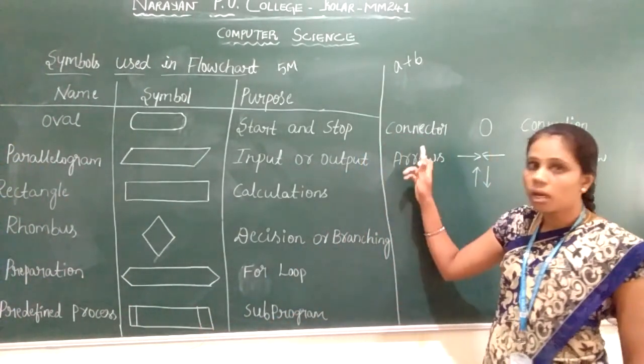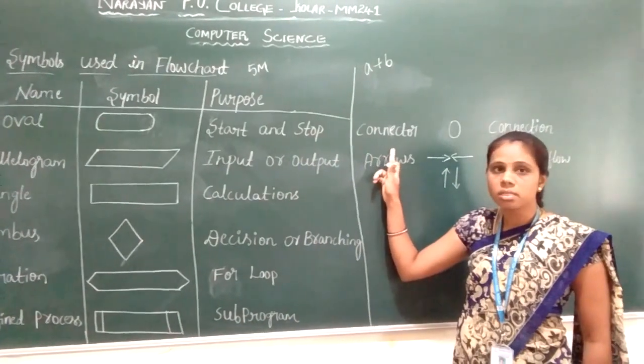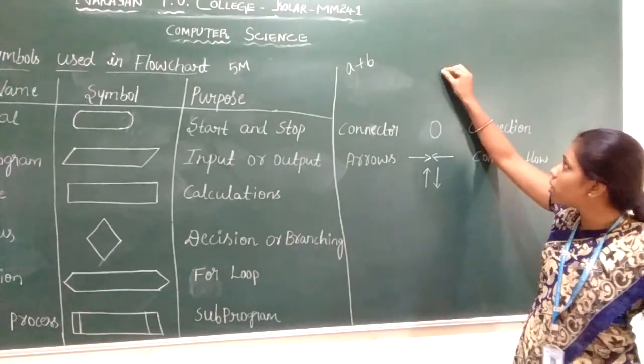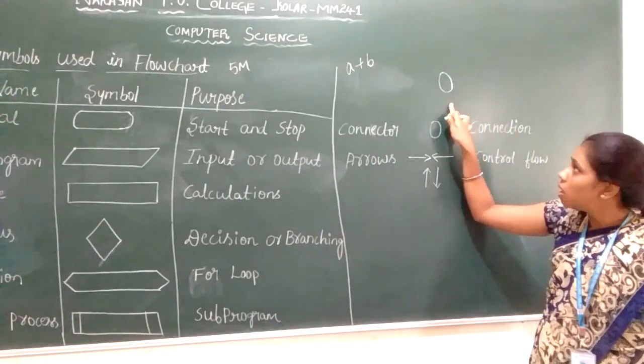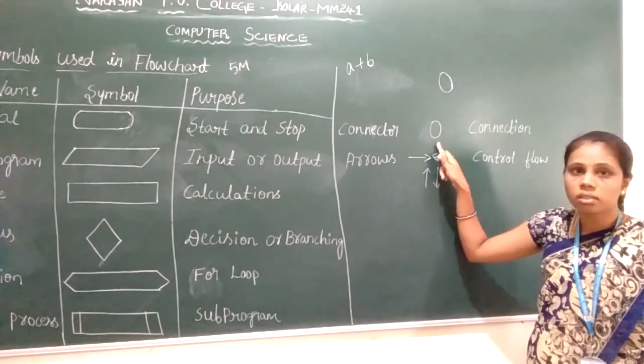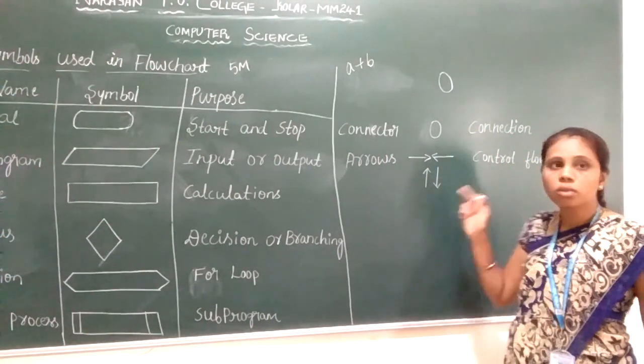Next symbol is the connector. This is like an O, or we can say a round circle symbol. Why do we need this connector? It is used for connecting to the next page.